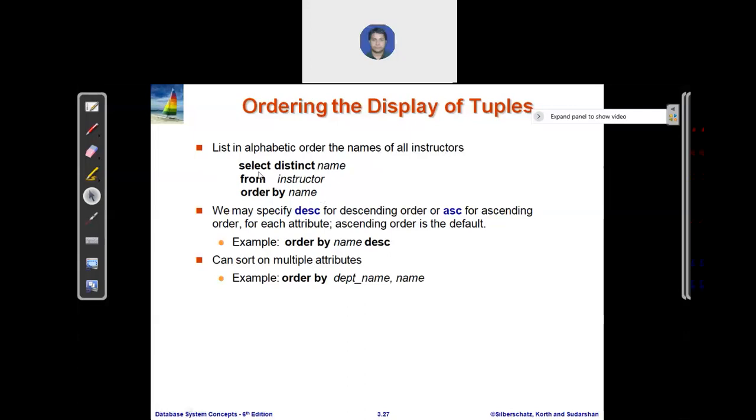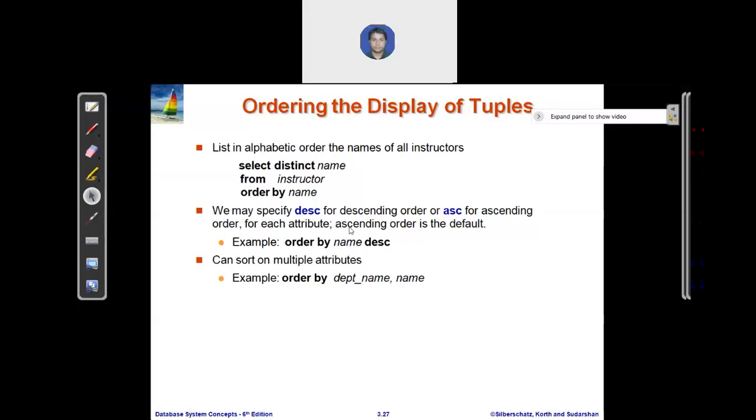The SQL is select distinct name, each name must be unique, from the instructor table, order by name. So the resultant table will contain all the names ordered by name. Order here means alphabetical order.